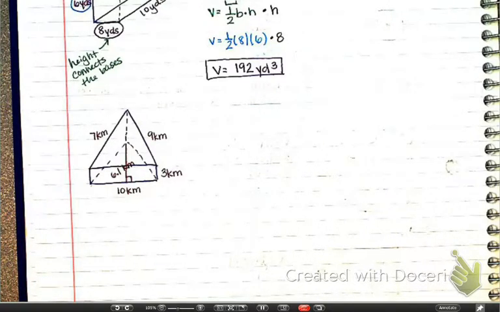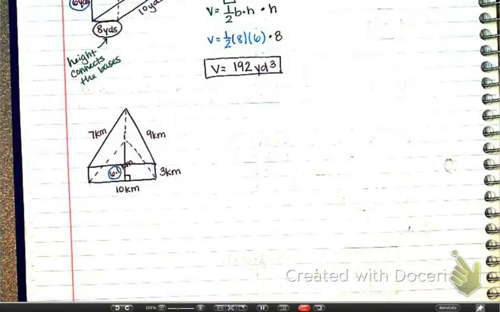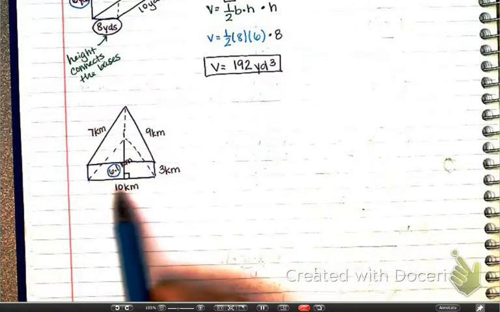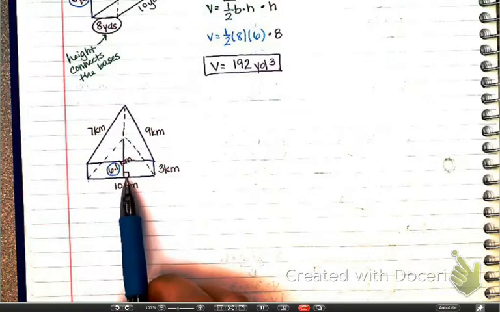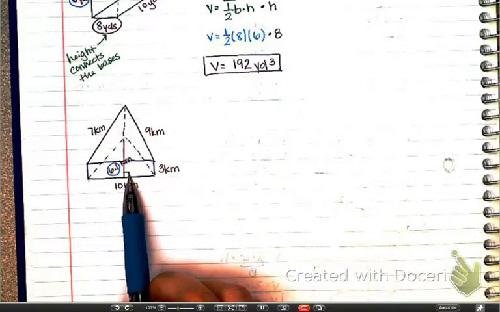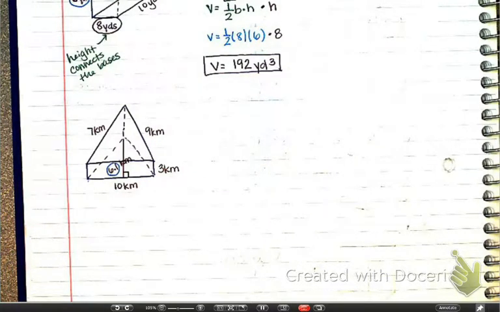Why is it the height of the triangle? It connects to the base and creates a 90-degree angle. Listen, this 6.1 is super important.